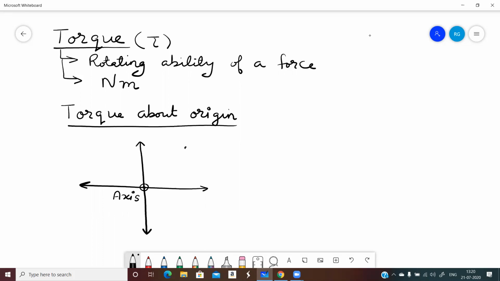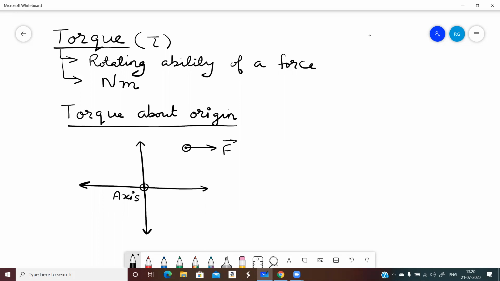Now a force is acting at this particular point, not necessarily along the x-axis, it can be along any axis, and this is the point at which the force is acting. So we can call it the point of application of the force.